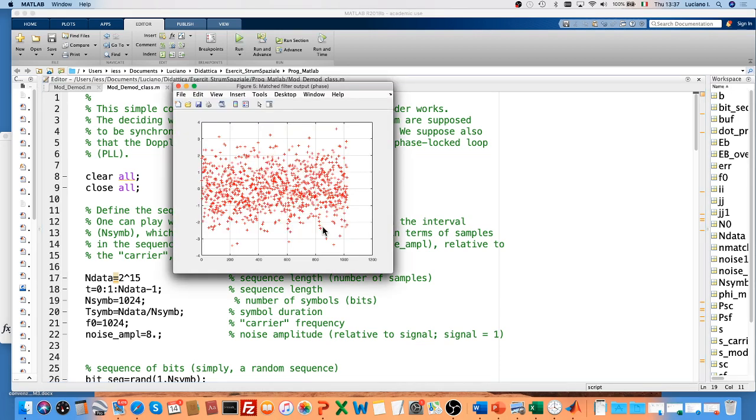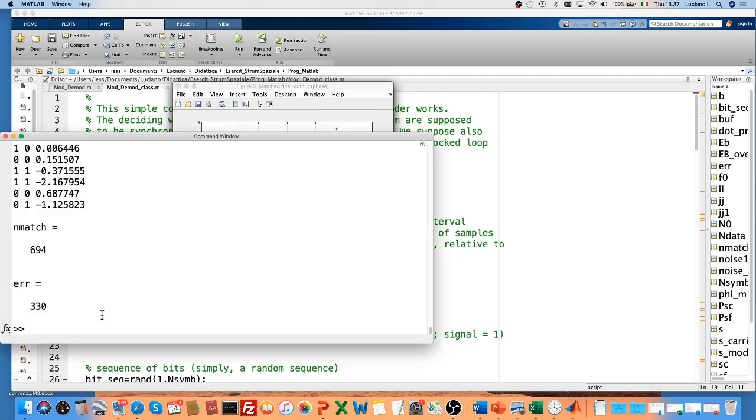So here, of course, the number of errors that we are committing is huge. Out of 124 bits, well, 1/3 of them is in error. You see, the number of matches is 700 and the number of errors is 300.